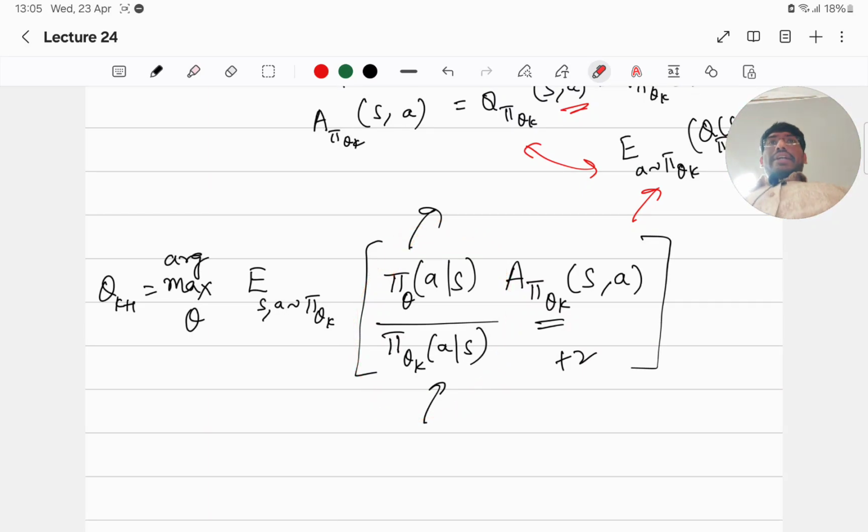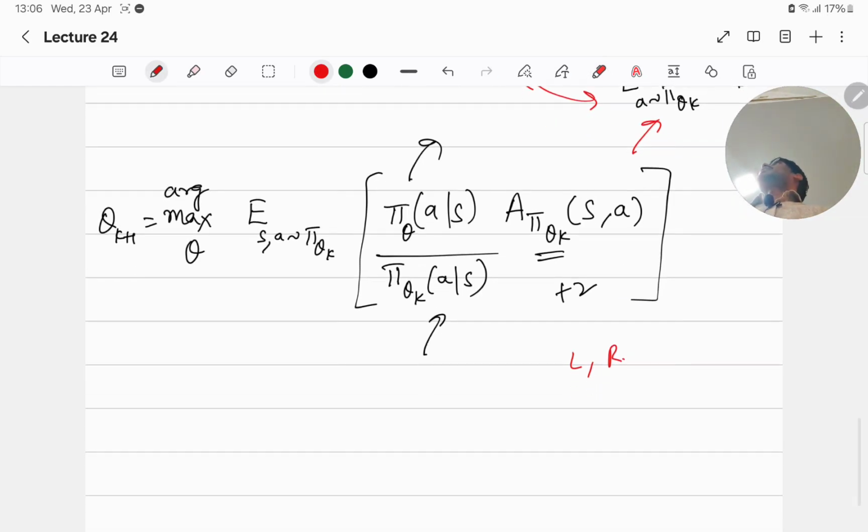So that is good, but you have to be careful when you are dealing with this objective. Let's say there are only two actions, let's call them left comma right, and in a particular state S, the advantage of s comma L is +2 and the advantage of s comma R is -2, okay.